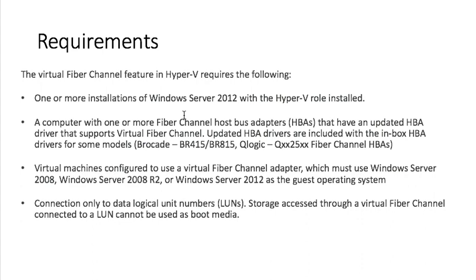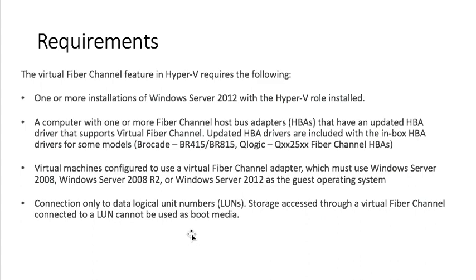Now, requirements. The virtual Fibre Channel feature in Hyper-V requires the following: one or more installations of Windows Server 2012 with the Hyper-V role installed, and a computer with one or more Fibre Channel host bus adapters, HBAs, that have an updated HBA driver to support virtual Fibre Channel.